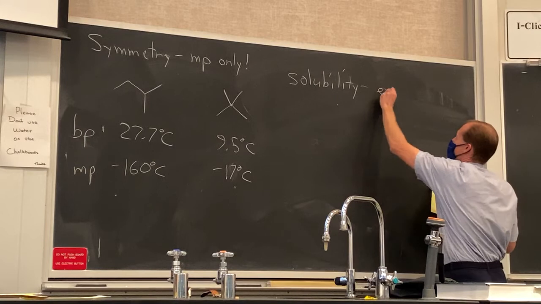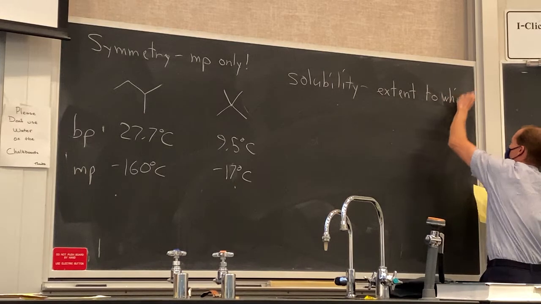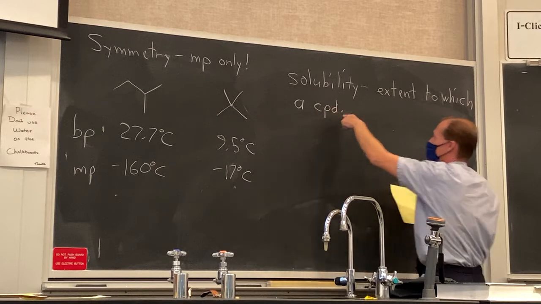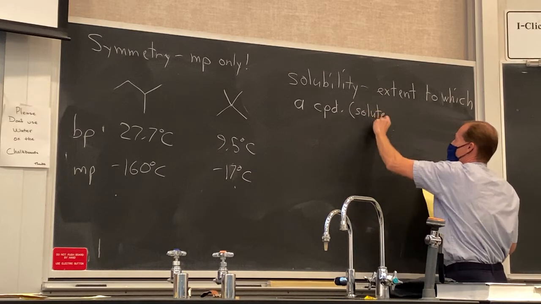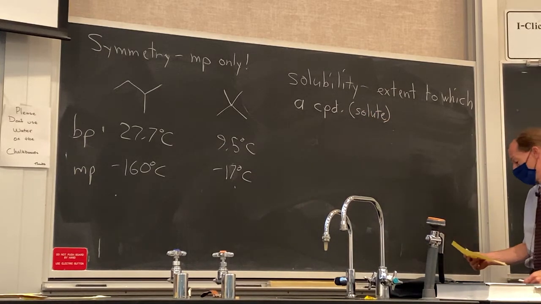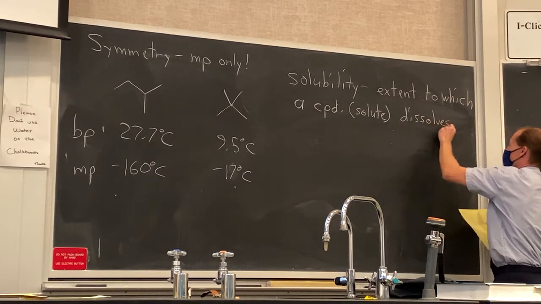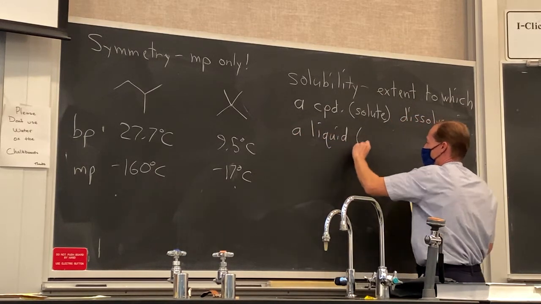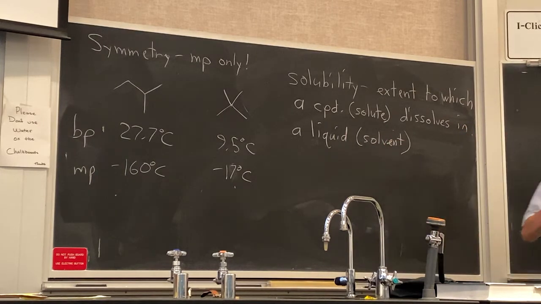The definition we're going to use in organic chemistry for solubility is the extent to which a compound, this is the abbreviation I like to use for compound, otherwise known as a solute, dissolves in a liquid. And that liquid is known as a solvent. The extent to which this happens is defined as solubility. Okay?